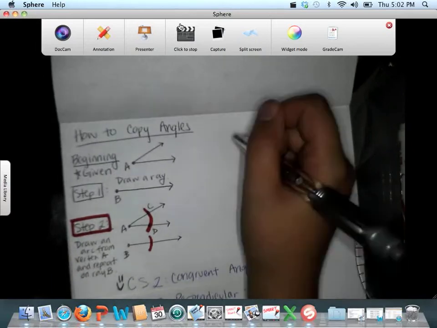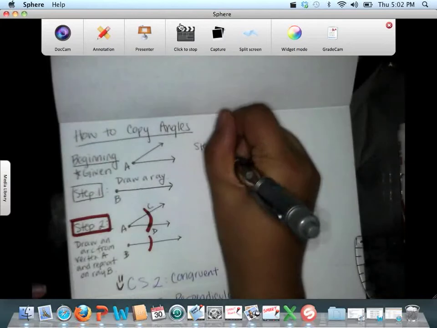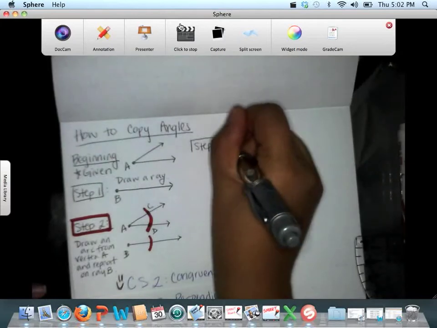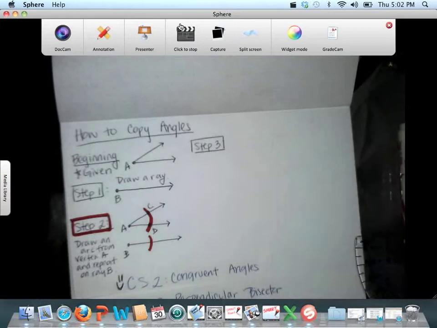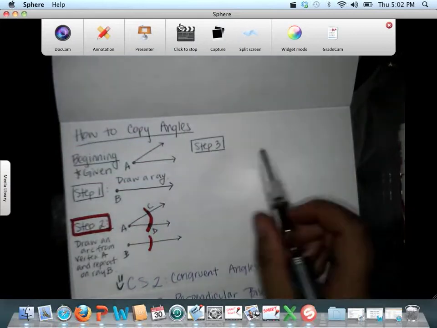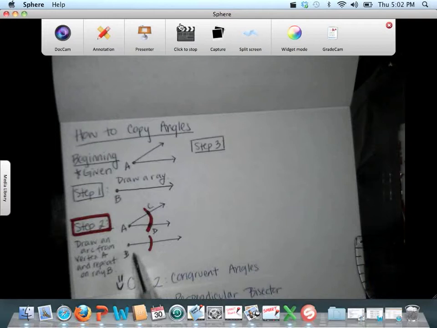Now on to step number 3. What I'm going to do for step 3 is quickly draw my picture from step 2.